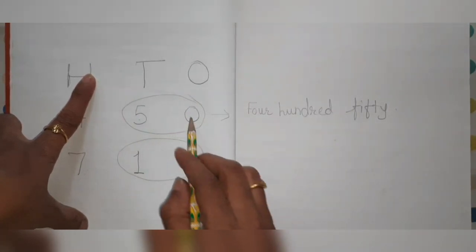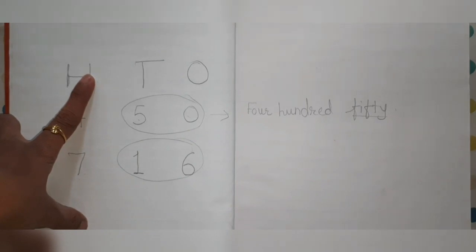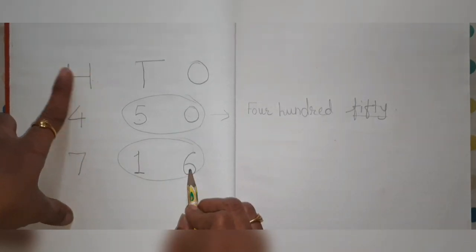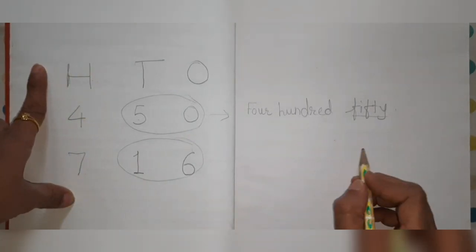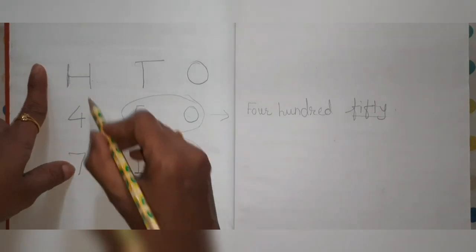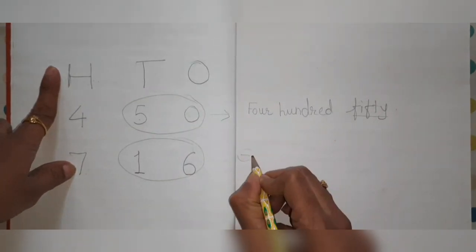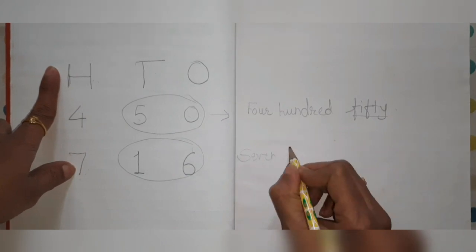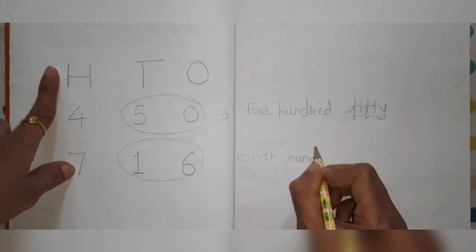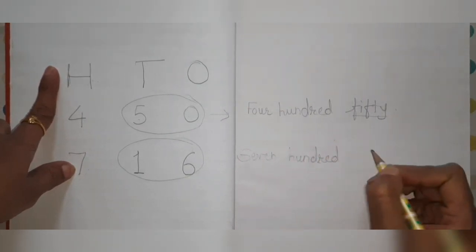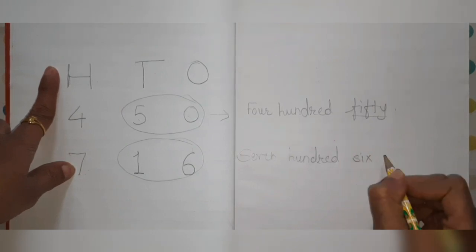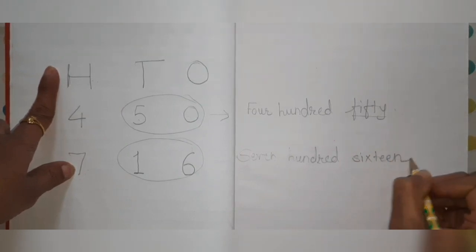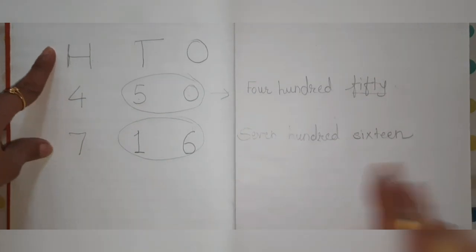What do we tell it? This we tell 10 and 6, so 16. So we write 16. Now here 700. We'll write here 700 and 16.